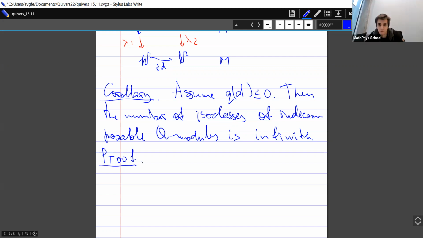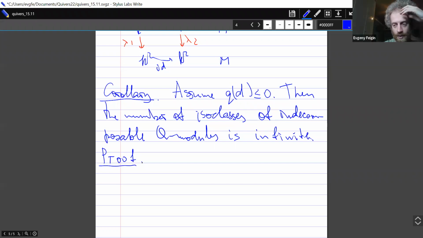If it is finite, then due to the Krull-Schmidt theorem, any representation is a sum of indecomposable ones. Then we have a parameterization by several integer numbers, greater than or equal to 0.